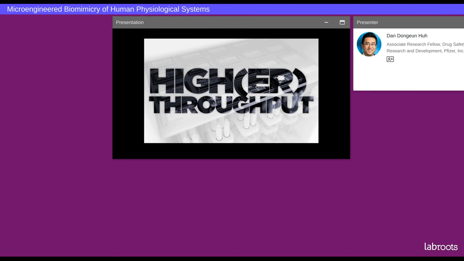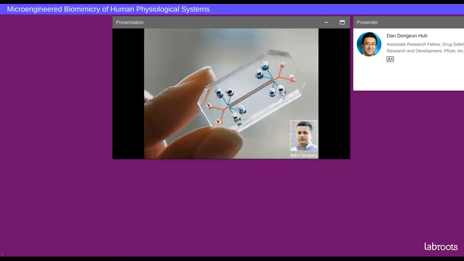So for these technical reasons, experimental throughput in typical organ chip model systems is very low. I would say this is one of the most fundamental challenges we as organ chip engineers face in our field. So we took this problem to heart and began to work on developing higher throughput organ chip technology. And the way we do it is to scale up by walking away from those single channel containing devices.